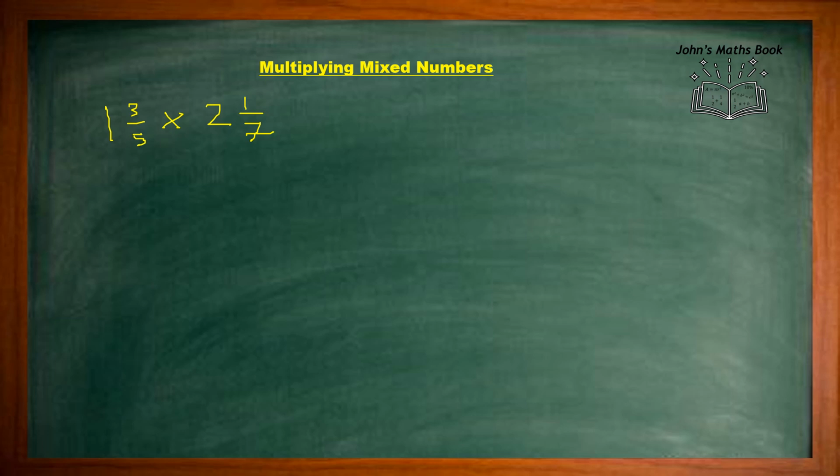So we've got 1 times 5 plus 3, divided by 5, and this is all multiplied by 2 1/7, so it's 2 times 7 plus 1, and that's all divided by 7.